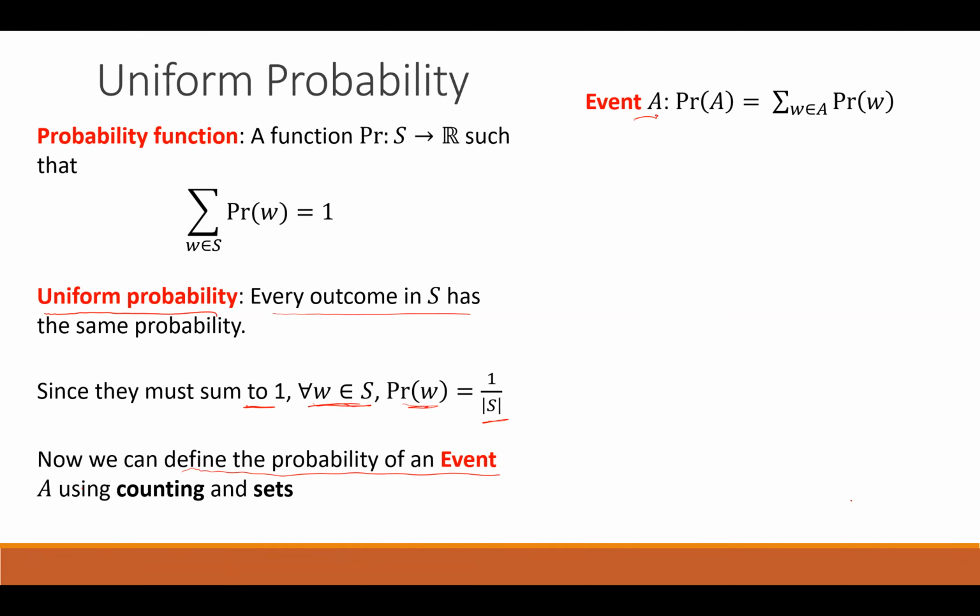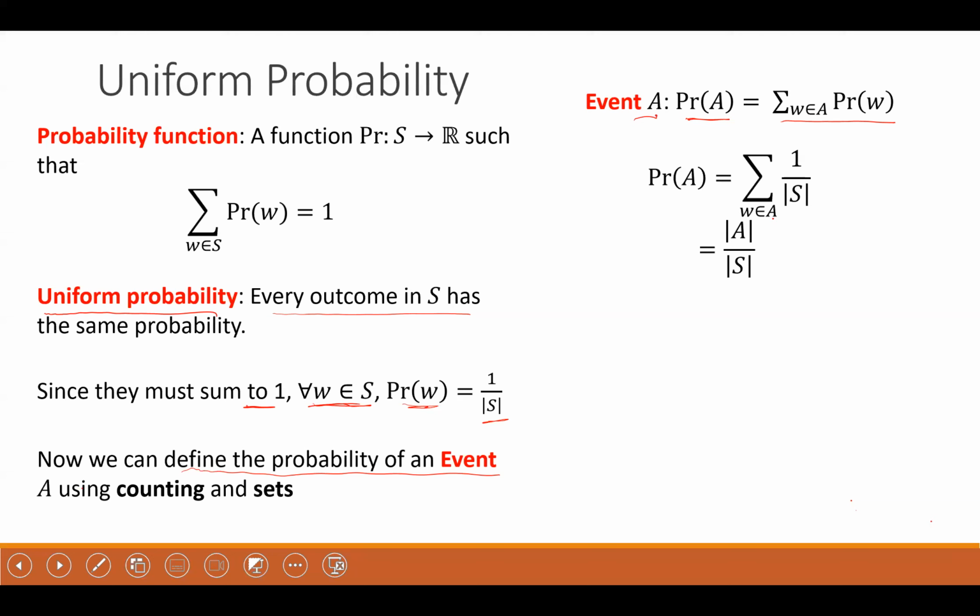So if I have an event A, then the probability of A is the sum of all of the individual probabilities of every outcome in A. And of course, every single outcome has probability 1 over the size of the sample space. And the number of these outcomes, well, that's the number of outcomes in A, right? So then my probability of A is simply the size of A over the size of the sample space.